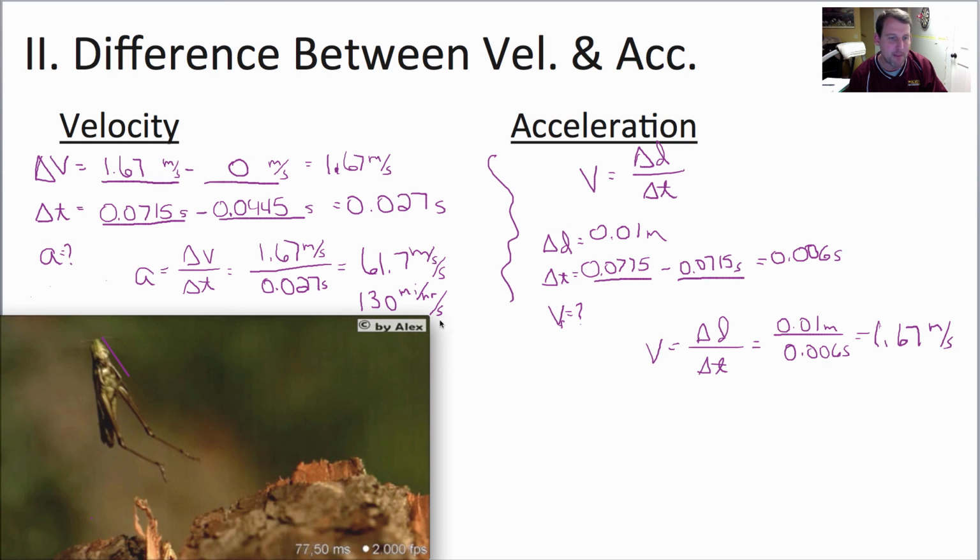So it has a much bigger, six times bigger acceleration than a sports car does. Now the reason that grasshoppers don't go super fast is because they accelerate for a very short amount of time. So they don't have a lot of time to build up a lot of speed, but they do have huge accelerations during that short time. So hopefully we can see the real difference between velocity and acceleration.